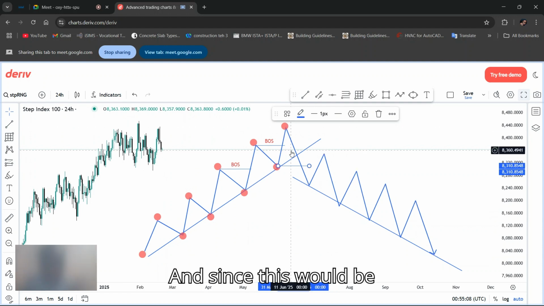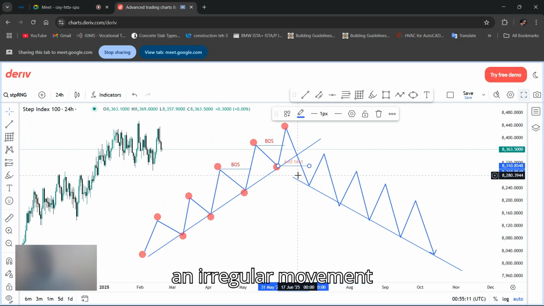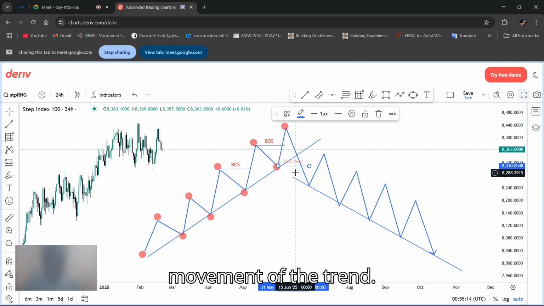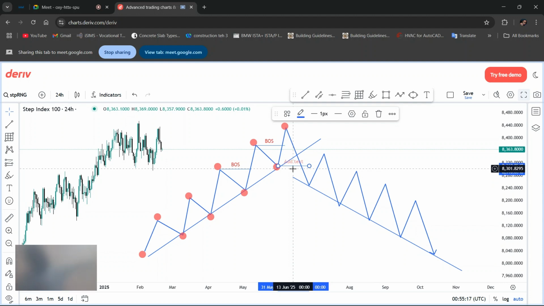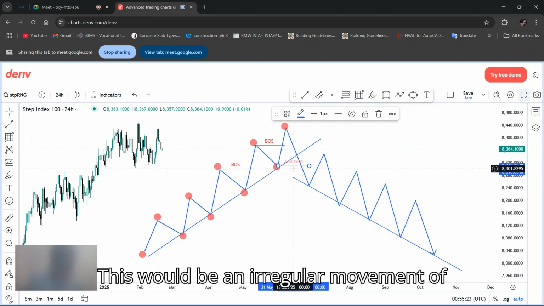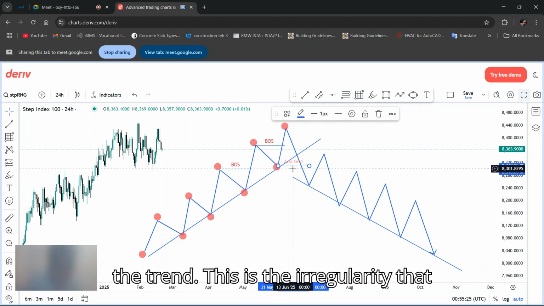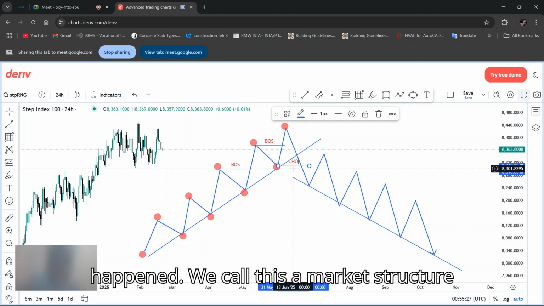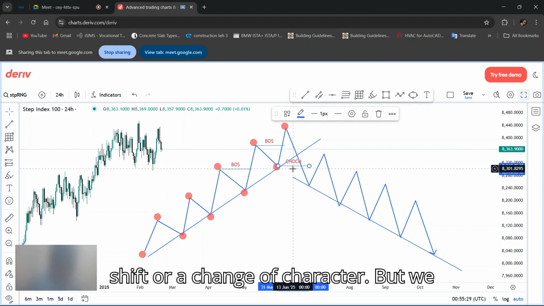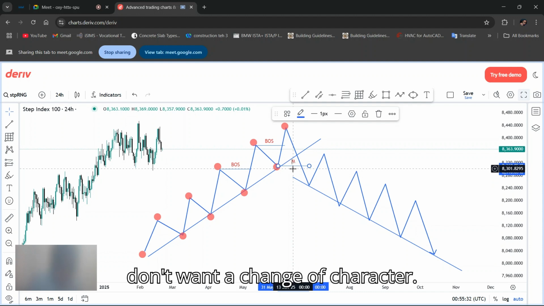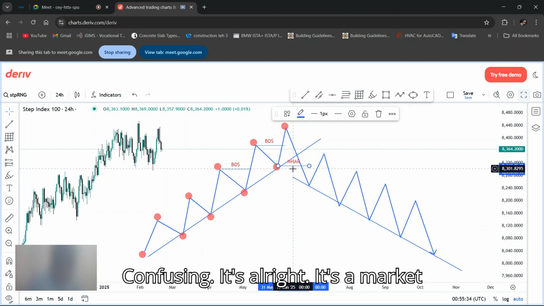And since this would be an irregular movement of the trend, this is the irregularity that happened. We call this a market structure shift or a change of character. But I don't want to say change of character, it's confusing. I'll just write it as market structure shift.